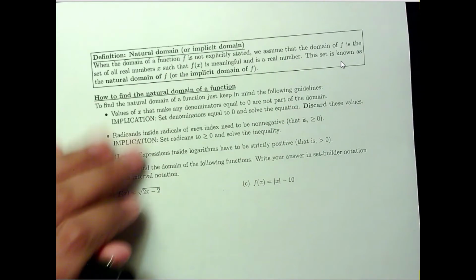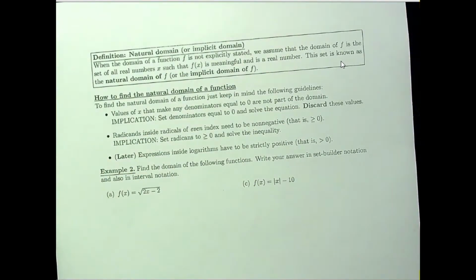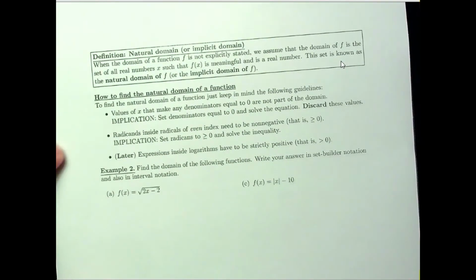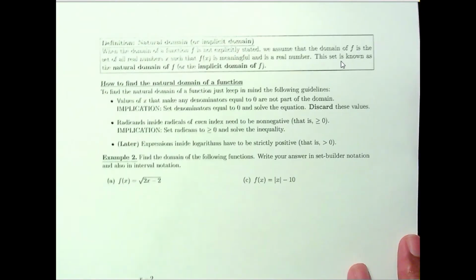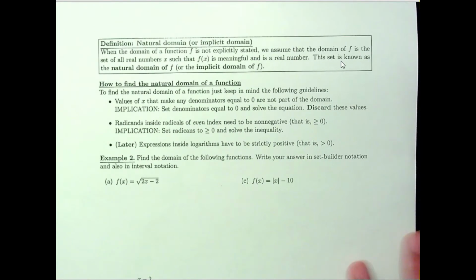That would be the domain. It is called also the natural domain or the implicit domain. So whenever they don't give us explicitly what is the domain, it is often our job then to find it, because that helps for various things.